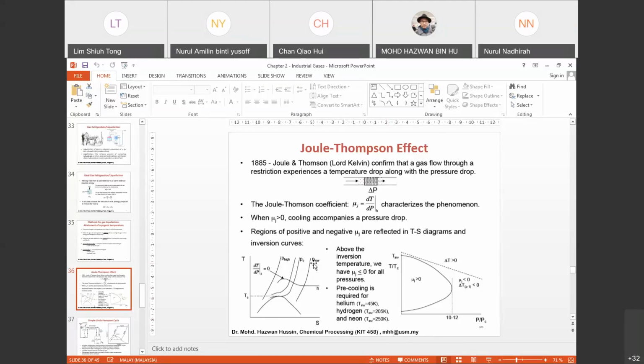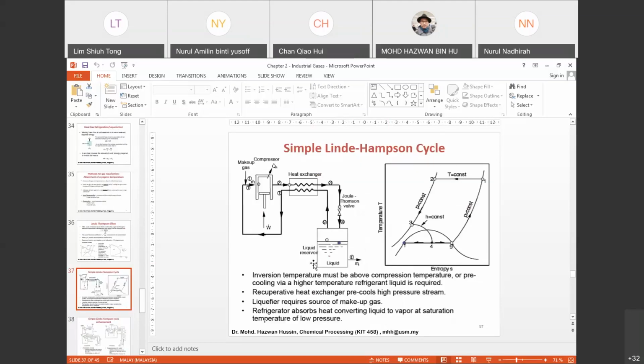Once it reaches critical temperature, the gas will be converted into liquid. This is one example of the Joule-Thomson effect, known as the simple Linde-Hampson cycle. This cycle is considered important.